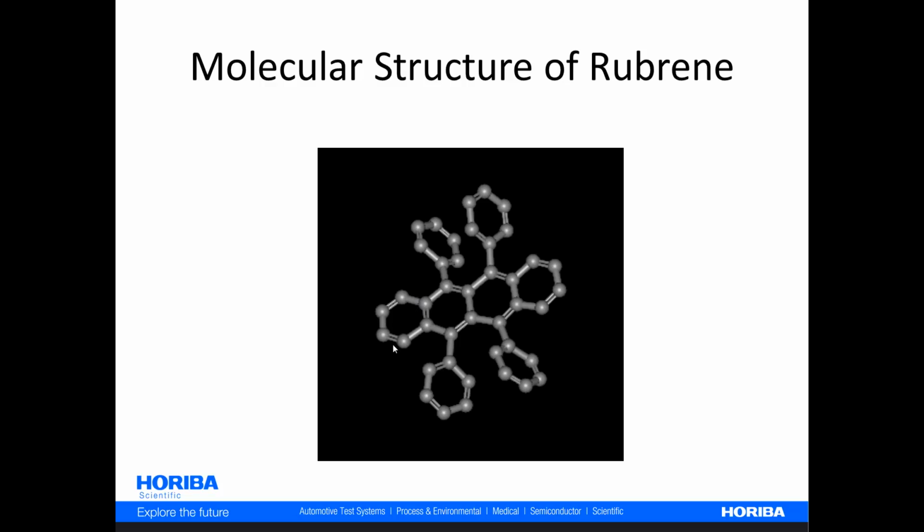All right, well, what is the structure of rubrene? What is this compound? Well, it's essentially a compound of fused and bonded phenyl groups. And here you see a diagram of one molecule of rubrene.